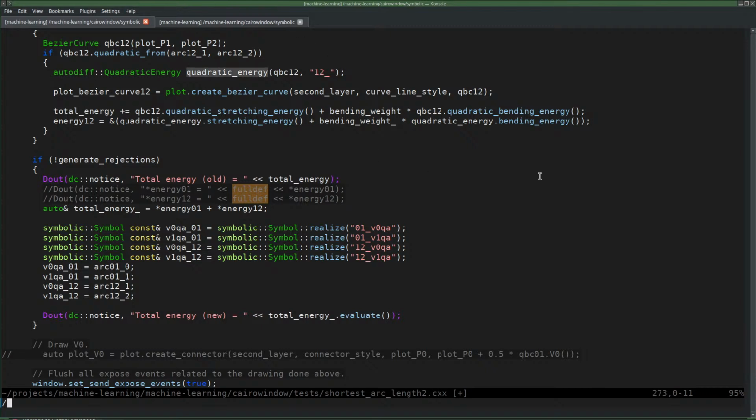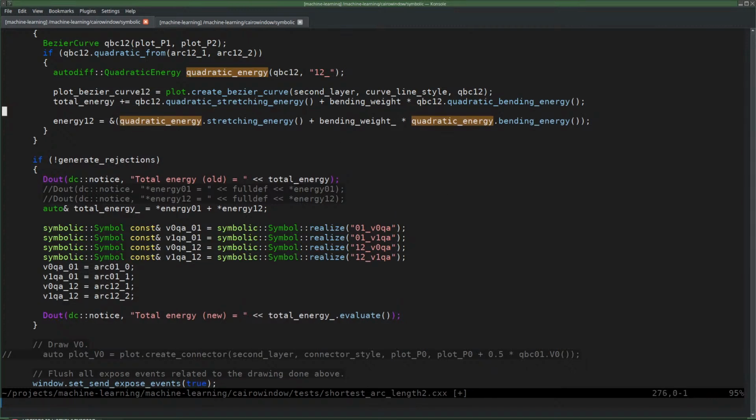Anyway, the quadratic energy object is only used to get the formula into energy 12, but the formula doesn't change. The formula is the same.